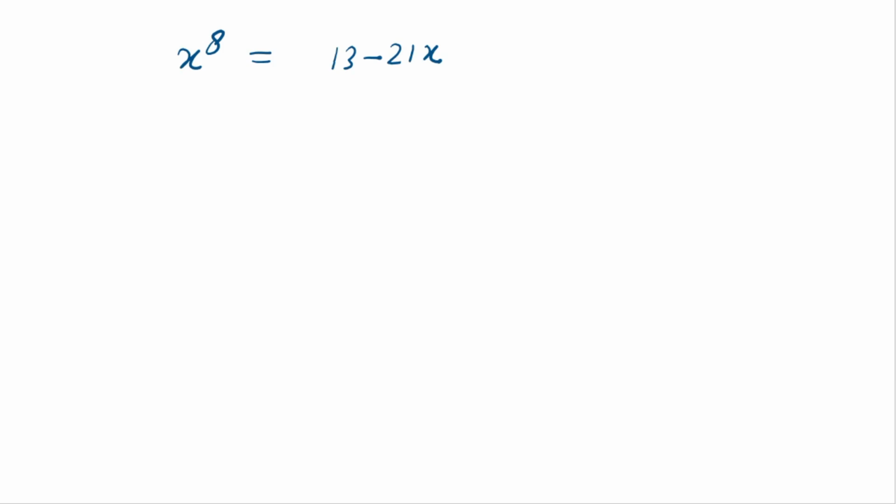Here we need to calculate the value of x^24. So if we take power 3 on both sides, in the left hand side (x^8)^3 is x^24, and this equals, in the right hand side, we will apply (a minus b) whole cube.